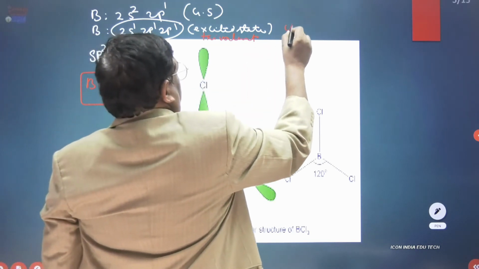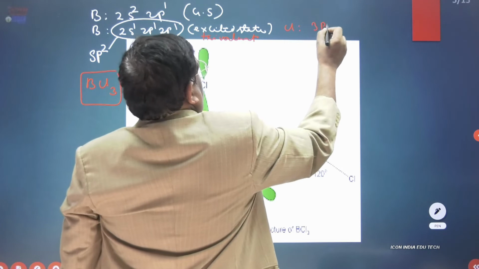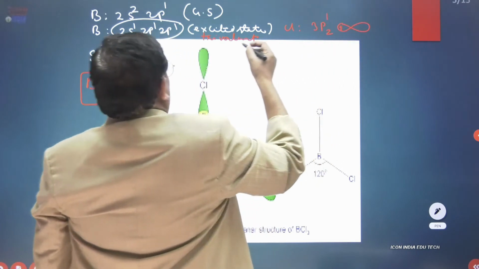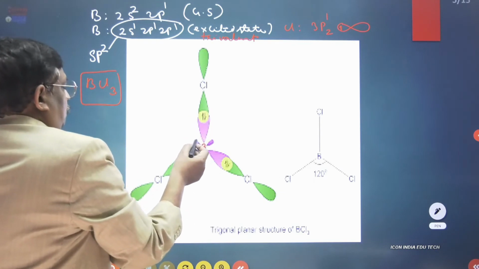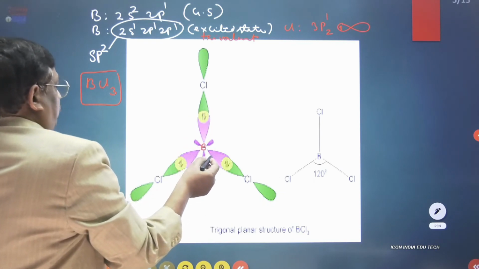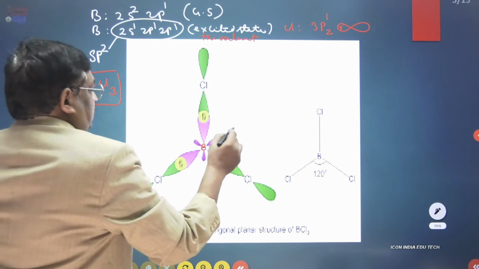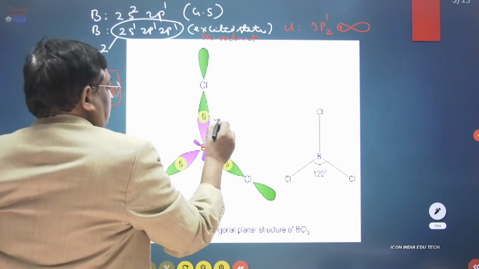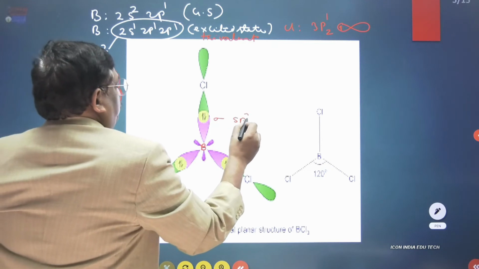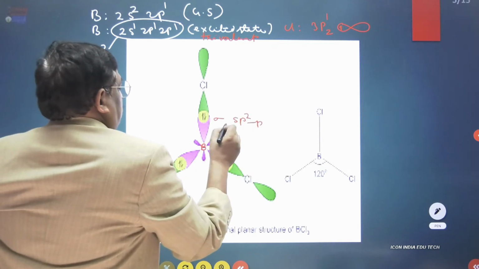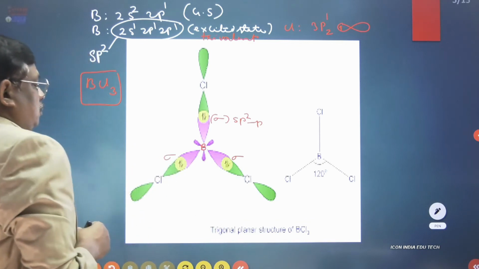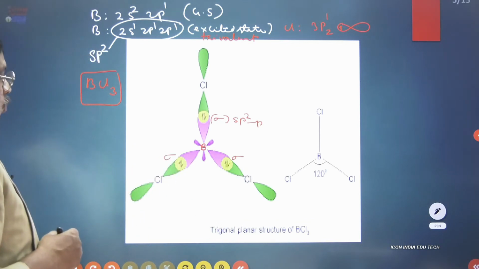Chlorine's half-filled 3p1, 3pz1 orbitals overlap with 3 half-filled sp2 hybrid orbitals of boron to form 3 sigma bonds. You can see a sigma sp2-p bond, here also a sigma bond of sp2-p, here also; totally 3 sigma bonds of sp2-p.